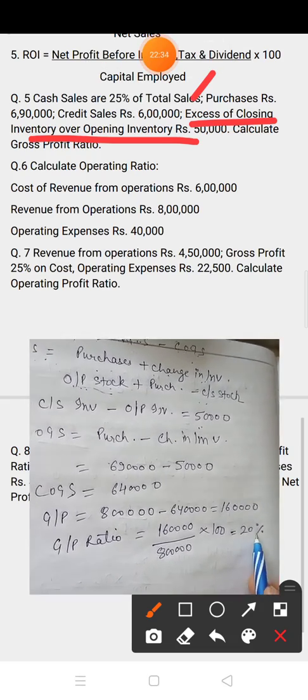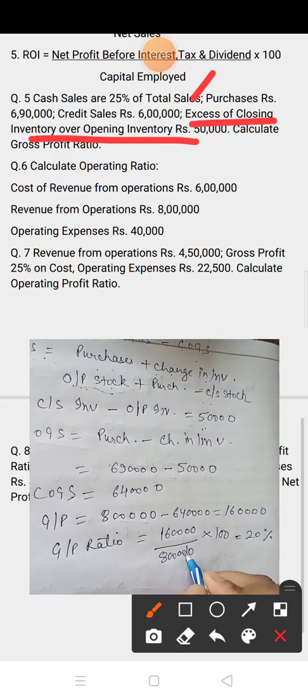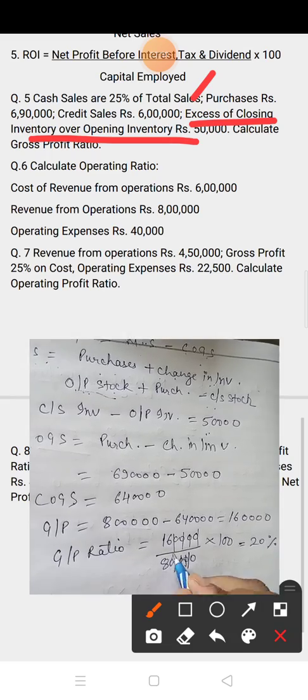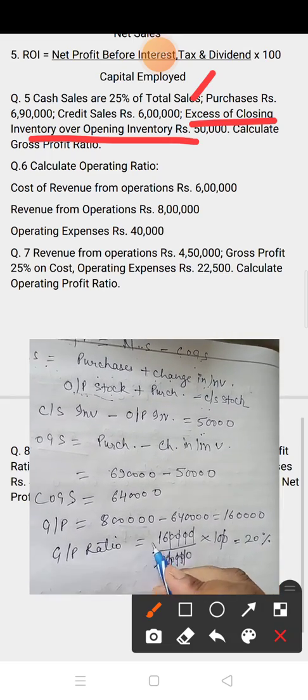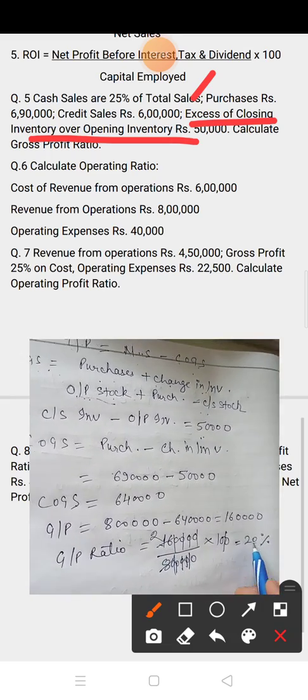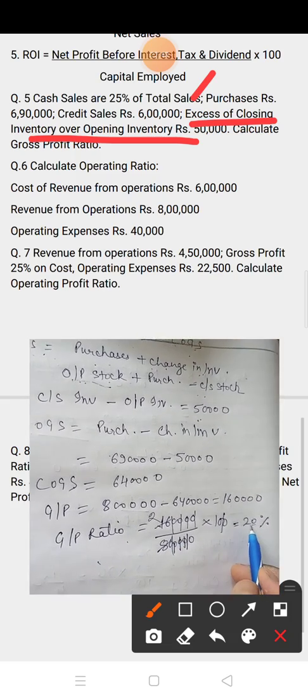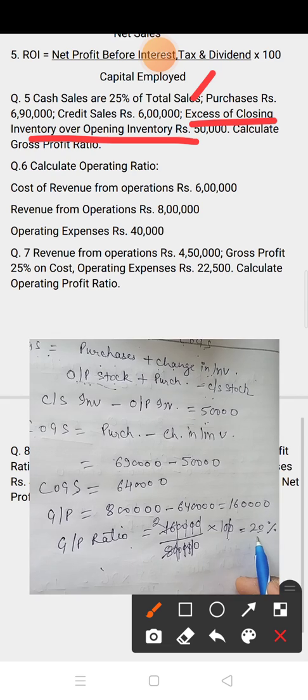Now divide it. So the answer is 20%. The gross profit ratio you have to write down in percentage. Answer is 20%.